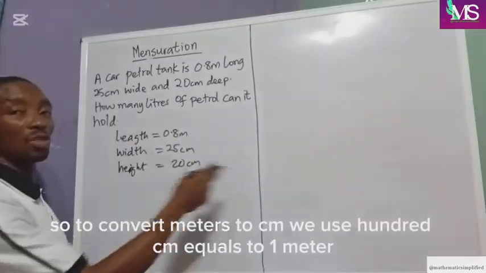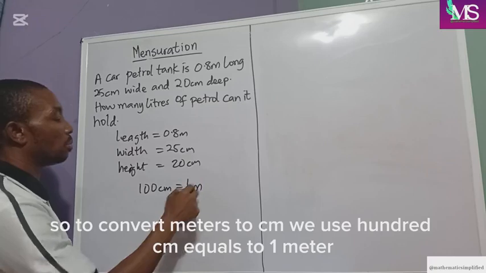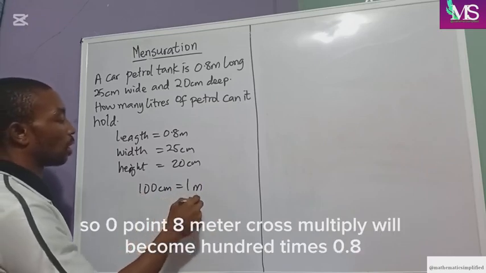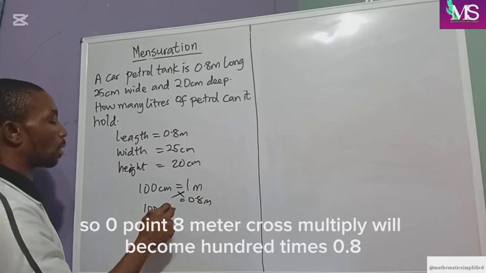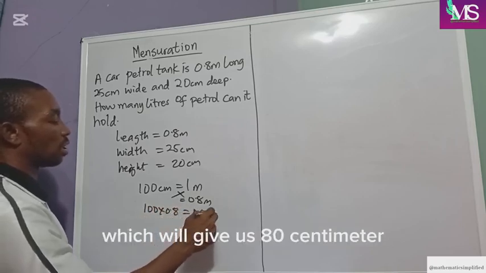So to convert meters to cm, we use 100 cm equals 1 meter. So 0.8 meter, cross multiply, will become 100 times 0.8, which will give us 80 centimeter.